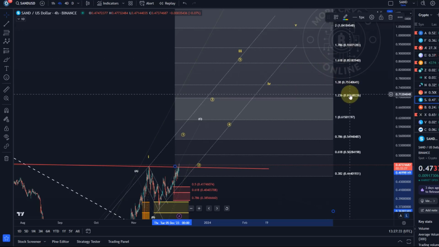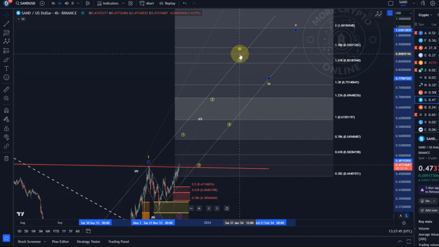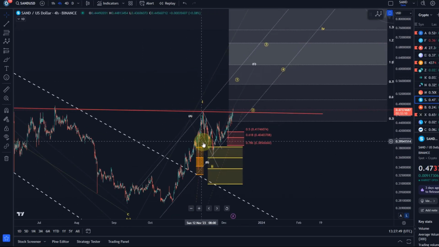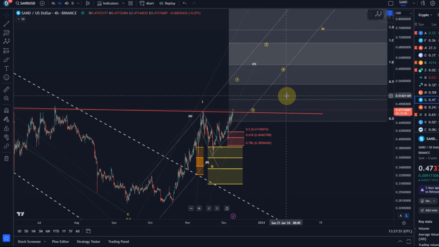So it's basically the range between 69 and 85 cents that would be ideal, even though the 69 cent level would be a bit too shallow to be reliable. So I'm looking more at 75 to 85 cents for this third wave. It can always extend a bit higher, but that's why we track micro support once the microstructure becomes a bit clearer. That's my update about Sand.